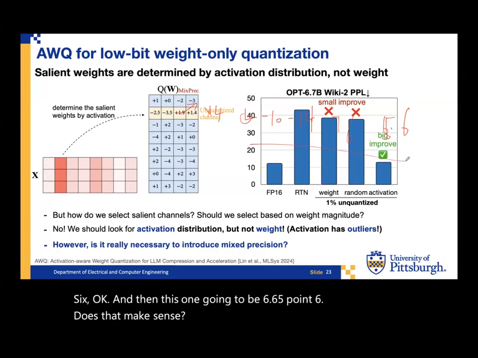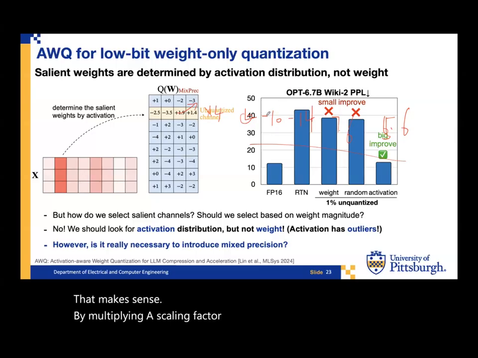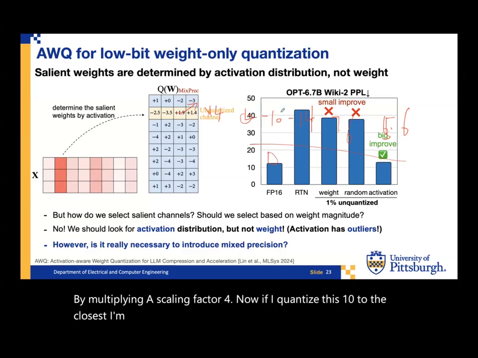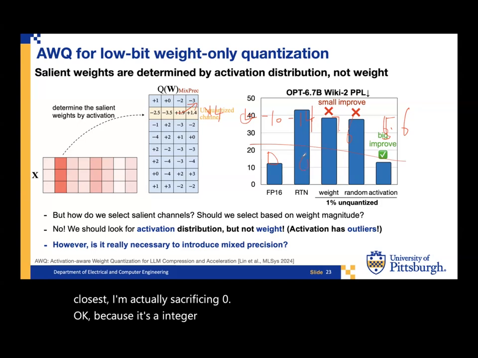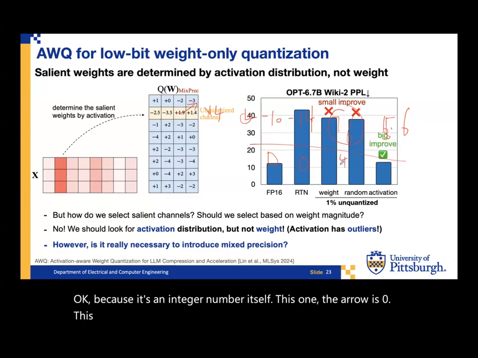By multiplying a scaling factor of 4, now if I quantize this 10 to the closest integer, I'm actually sacrificing 0, because it's an integer number itself. This one, the error is 0. This one, the error essentially is 0.4 out of 7.6. So that's how much error I'm introducing, right?